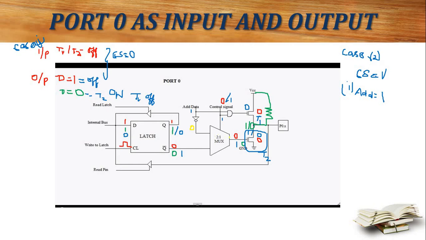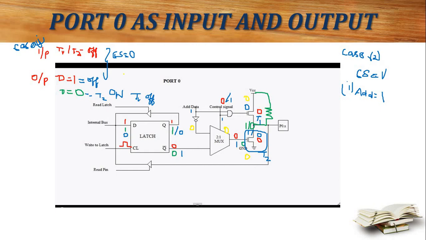So what is the output of the mux now? It is 0. If it is 0, then 1 into 0, here the transistor again turns off, because 0. Here also it will again turn off. So both transistors are in off mode. T1 and T2 are in off mode.